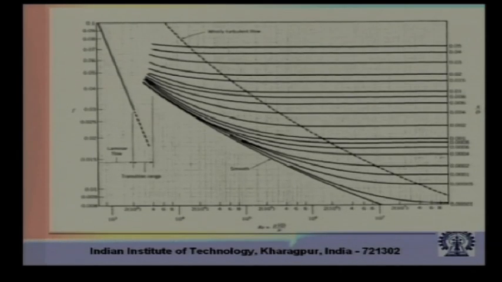Then you see that the friction factor becomes a function of epsilon by d. For different epsilon by d and different Reynolds number, these are all experimental data, and you can see that all these curves are enveloped by something which is written as smooth in the diagram, that is called a hydraulically smooth pipe.